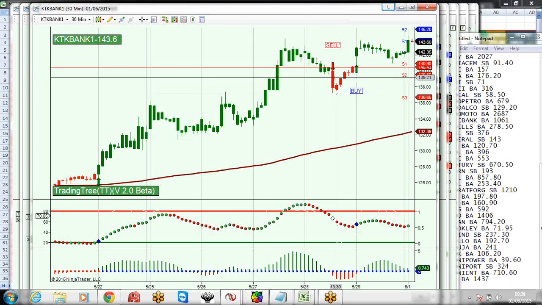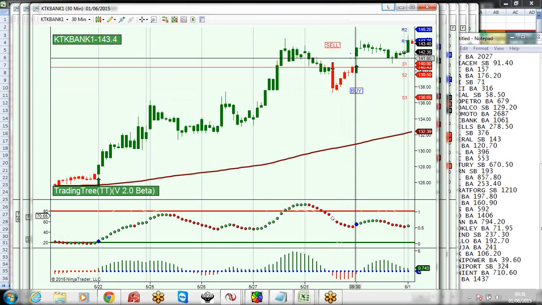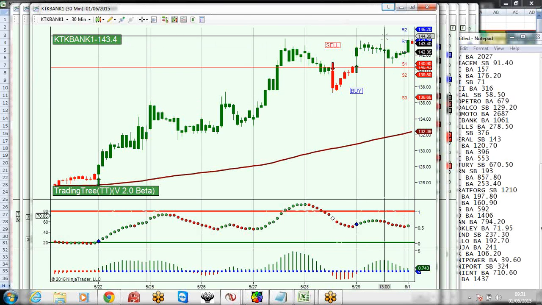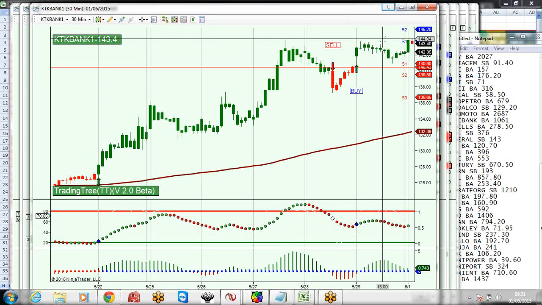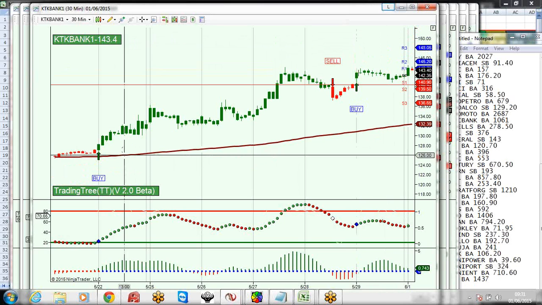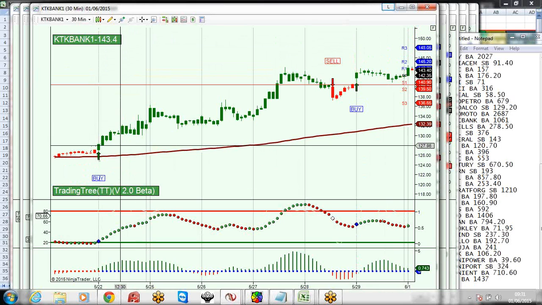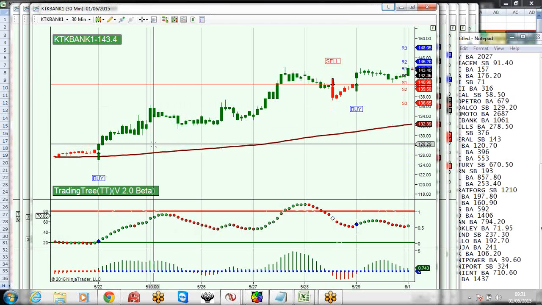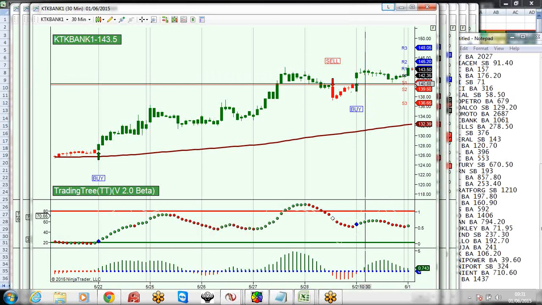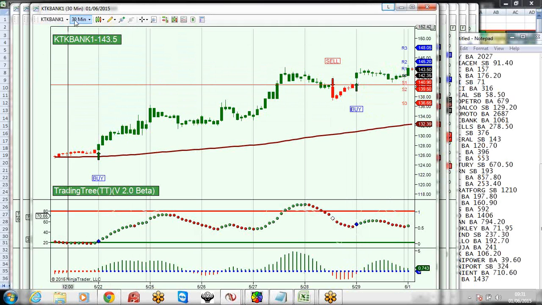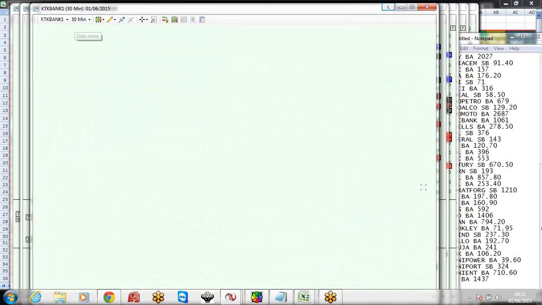Though we got a sell call here, it did not get triggered, and again we have got a buy. So the long-term trend for Karnataka Bank is a buy call. It got generated on the 22nd, at a price of 129, 128. Now it is at 143. Those are positional calls. If you want to carry forward, you can do this also. You can do both intraday and positional trades.